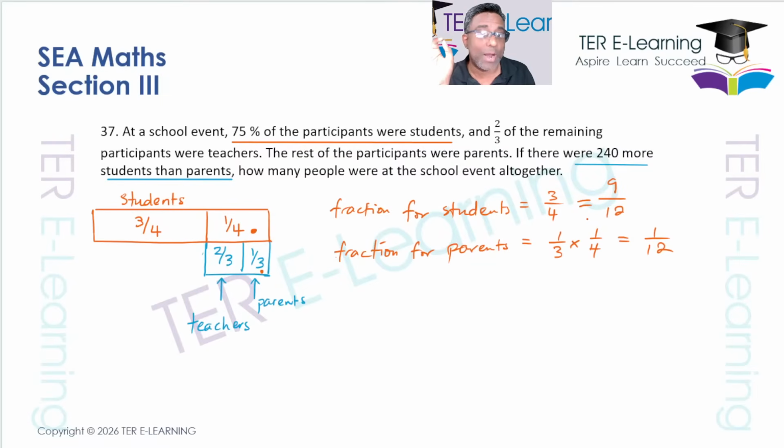So I know the fraction of the whole that represents students is 9/12, and the fraction that represents parents is 1/12. Now the question says there are 240 more students than parents.